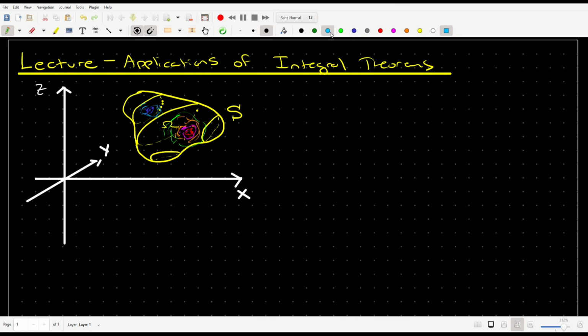We know the temperature is going to be different at every given point here. In general, the temperature is going to be given by some function, we'll call it u, at a point r and a time t.